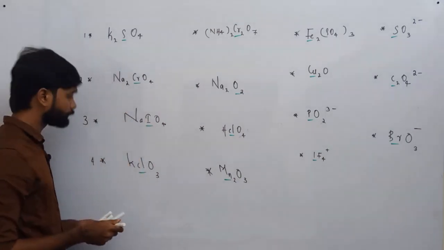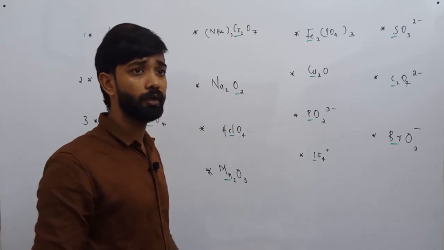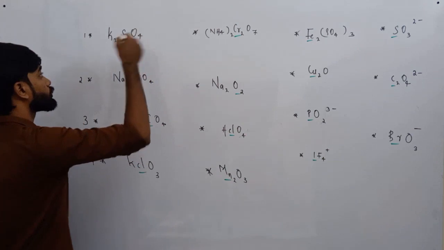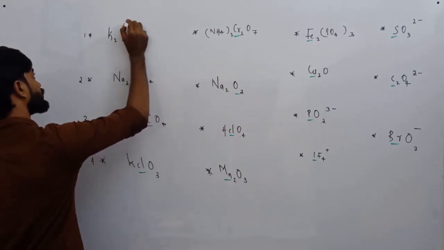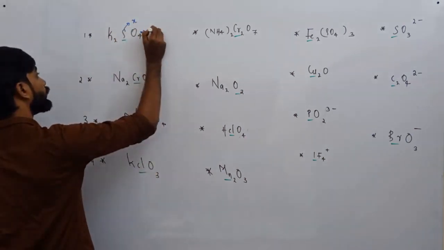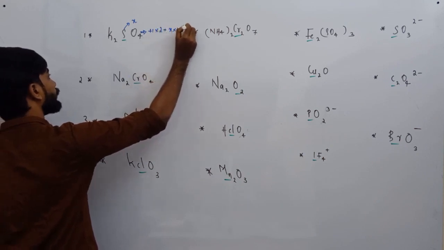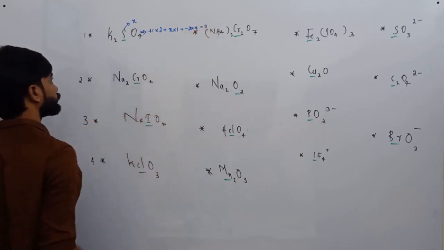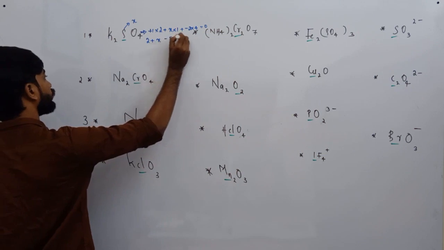K2SO4. You are familiar with the two methods, either by putting the unknown oxidation state as X, or by a splitting method. Whatever it may be, put the oxidation state of sulfur as X. Then +1 potassium into 2 plus X into 1 plus -2 into 4 is equal to 0, right? That means 2 plus X minus 8 equal to 0.